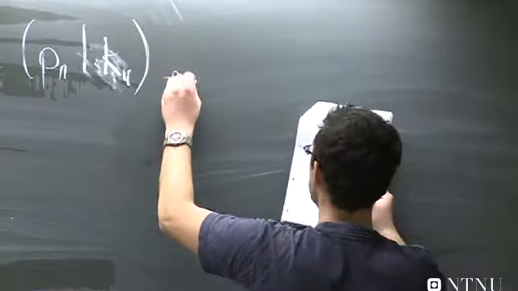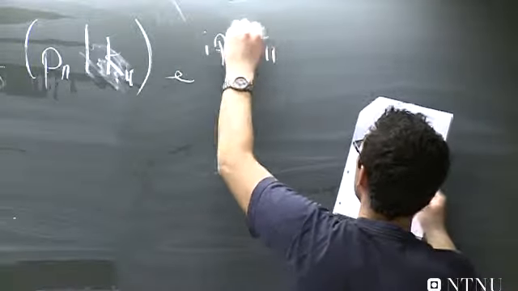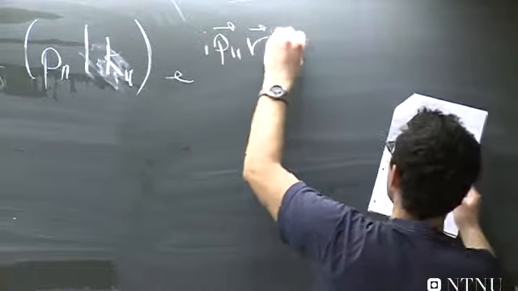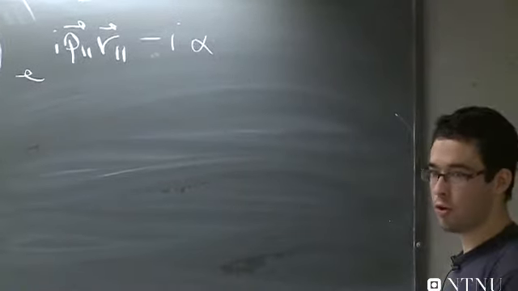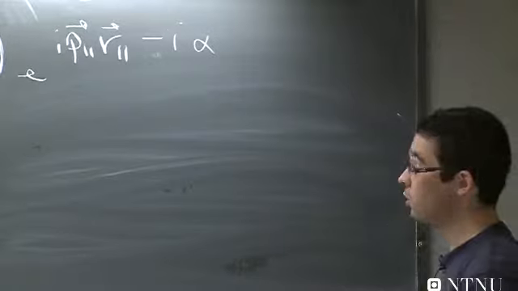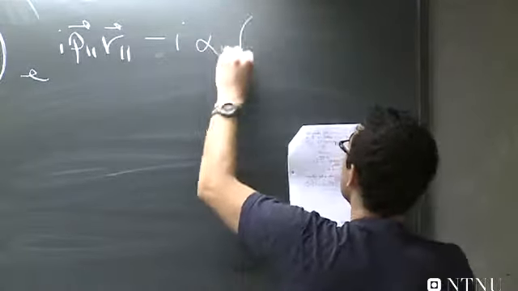And then there's e to the i p parallel r parallel minus i alpha 2 x3. Again, the minus means it's downgoing, which is consistent with the boundary condition.